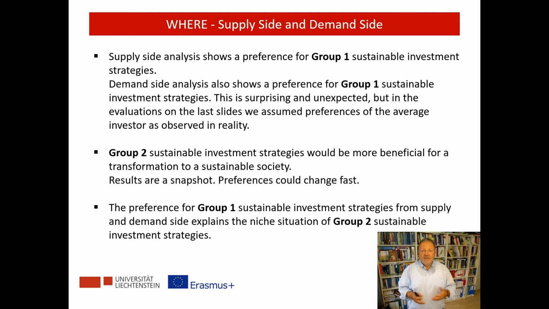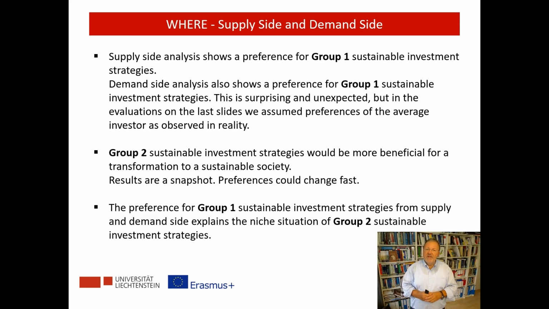Supply side analysis shows a preference for group 1 sustainable investment strategies, and demand side analysis also shows a preference for group 1 sustainable investment strategies. This is perhaps surprising and unexpected, but in the evaluations on the last slides, I really assume preferences of the average investor as observed in reality.